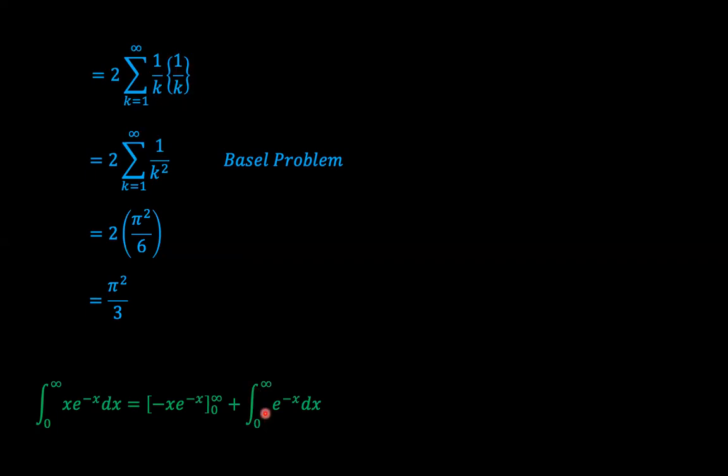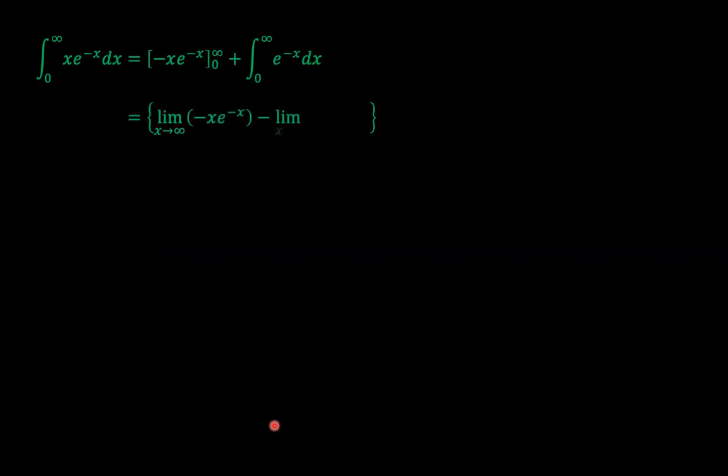When we apply the limits appropriately, when x tends to infinity, e to the power negative x tends to 0, and when x tends to 0, x times e to the power negative x tends to 0, and so we're left with only the integral of e to the power negative x from 0 to infinity.